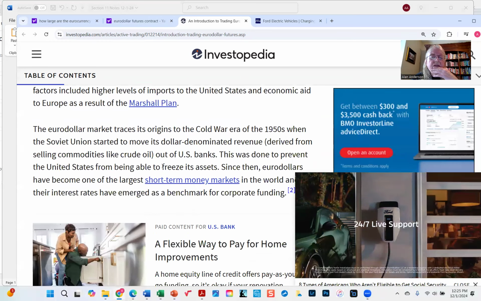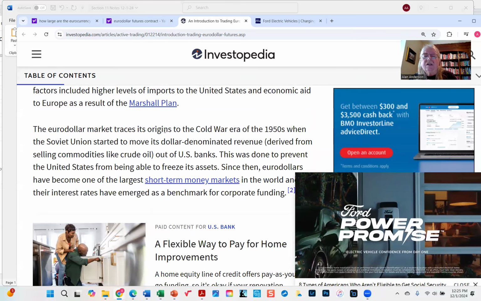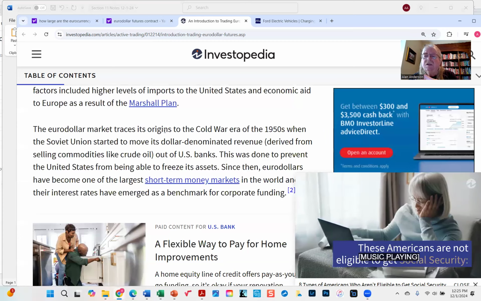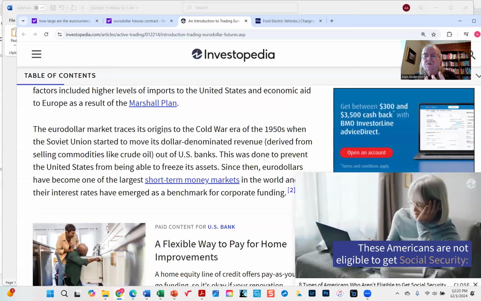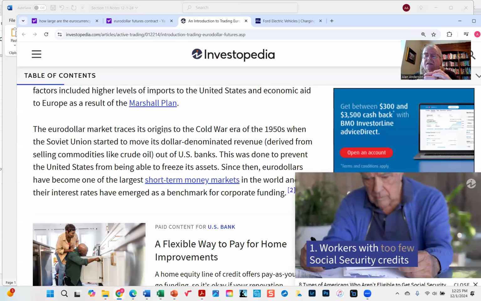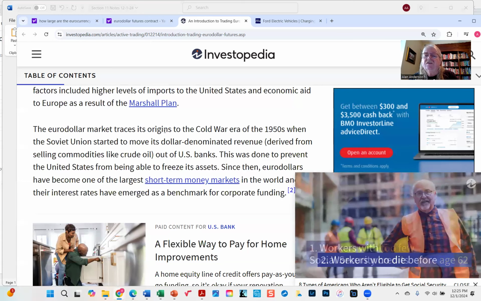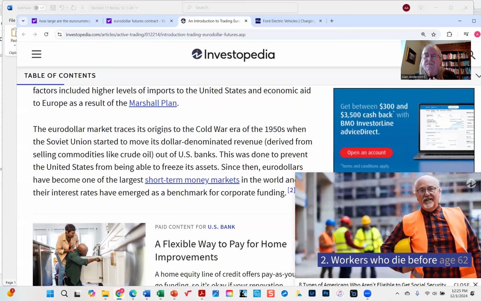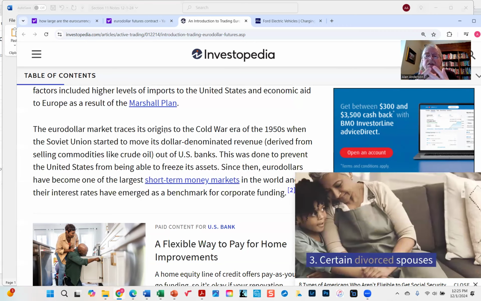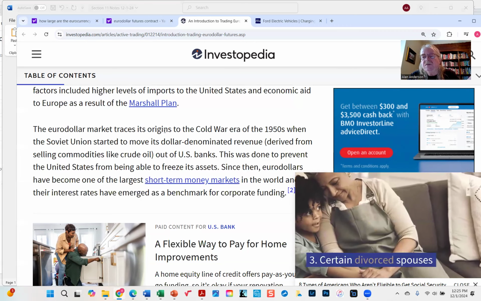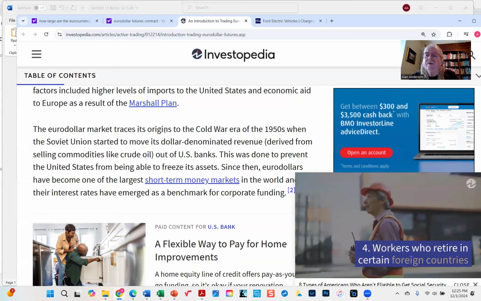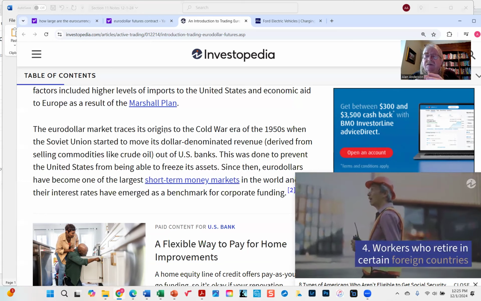So now, ironically enough, the Eurodollar market got started in the 50s because of the Cold War. What was happening is that when Stalin was in power, he was a monster and he was constantly doing things that the United States didn't appreciate. And Stalin basically stole all the people's money and he had it in his own personal bank accounts in the United States.